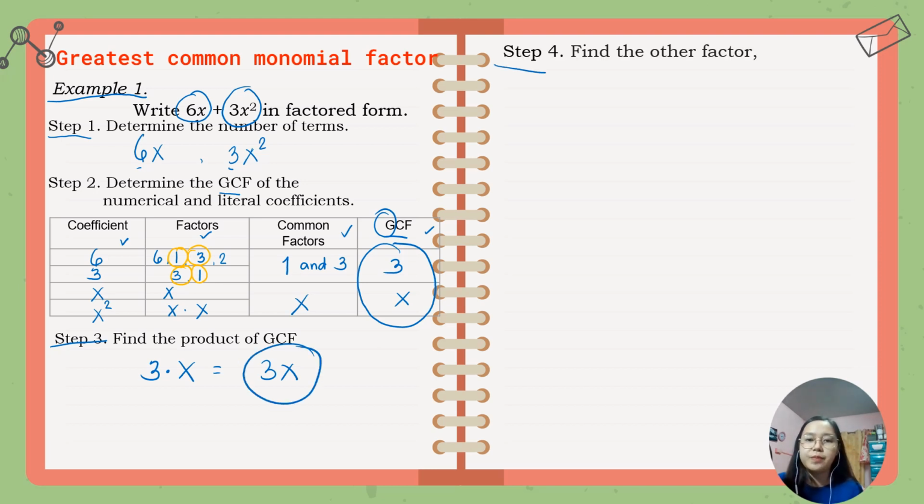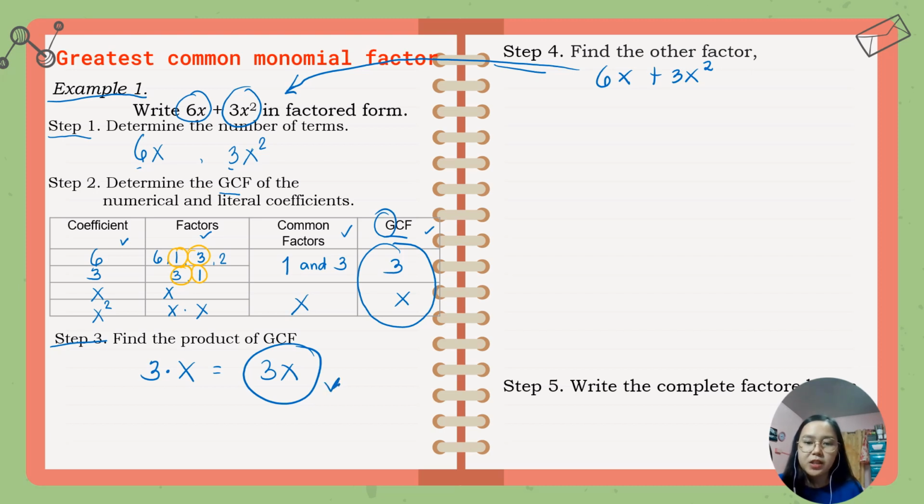Step 4. Find the other factor by dividing. So, i-divide natin. Ngayon, kunin natin si given. Ang given natin kanina is 6x plus 3x squared. Then, i-divide natin dito sa nakuha natin GCF, divided by 3x.